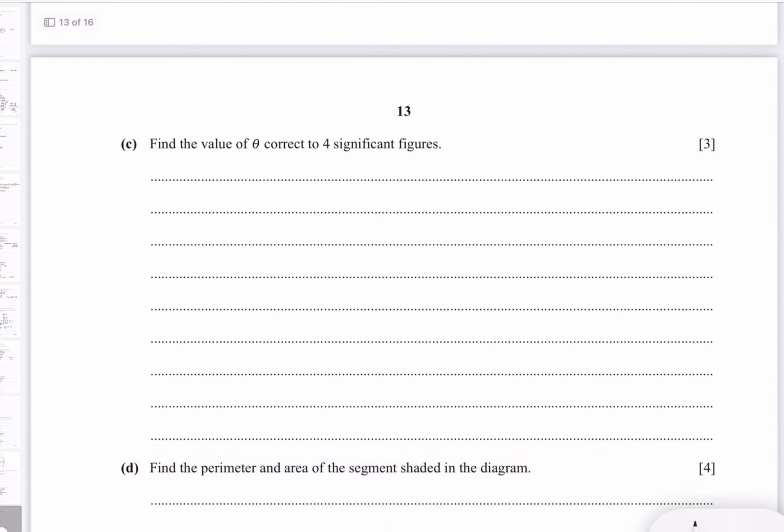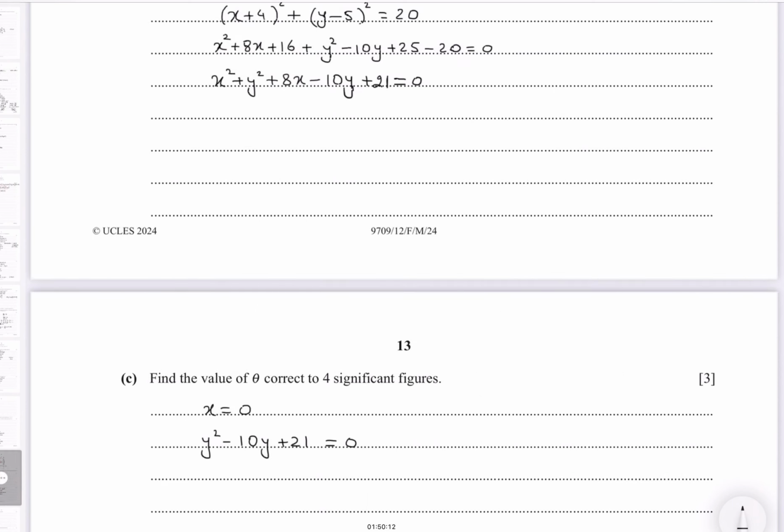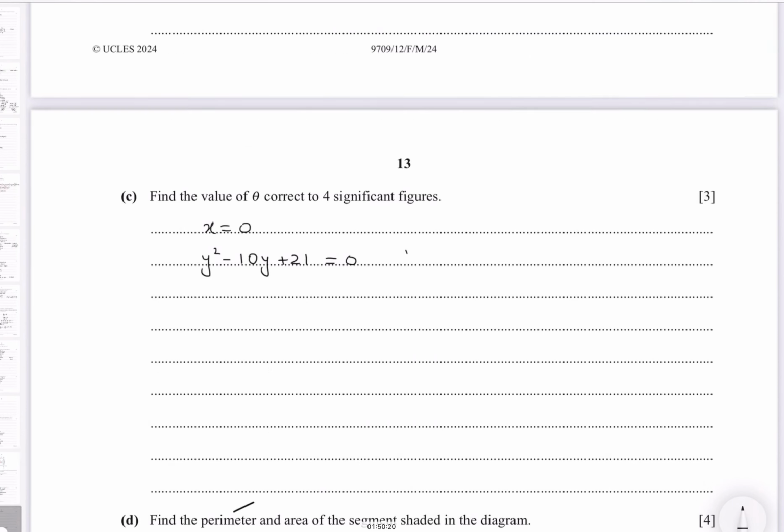So for part C, find the value of theta correct to 4SF. Okay, for theta, this is a 3-mark question. Put x is equal to 0. So y square minus 10y plus 21 equals 0. Now factorize it.